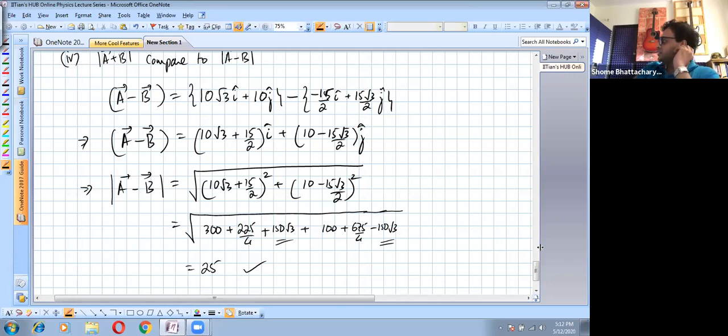What is the condition for the resultant's magnitude to be equal to the difference's magnitude? And we saw the condition for that is that cos theta should be 0 or theta should be 90 degrees. So this is like an application of the reverse of that statement. Yes, I'm coming to it. I'm coming to the shortcut method only, don't worry.